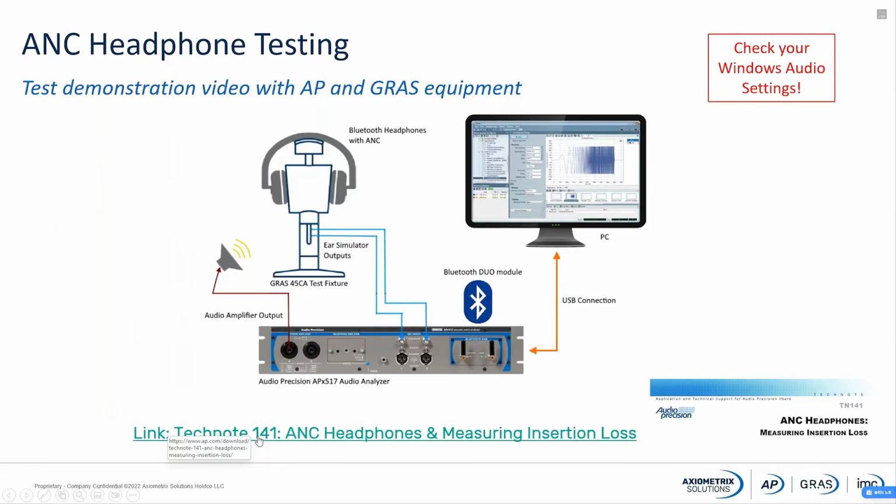Is it possible to run measurements without a silent or anechoic room? Yes, of course it's possible. I mean, there are no standards right now on how to perform a measurement of ANC, so these are just suggestions. I think one of the most important things to consider is the noise floor of your test environment.